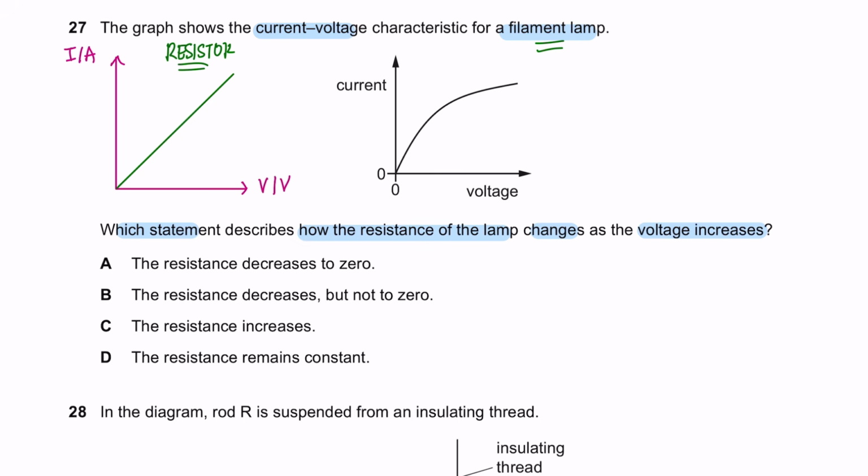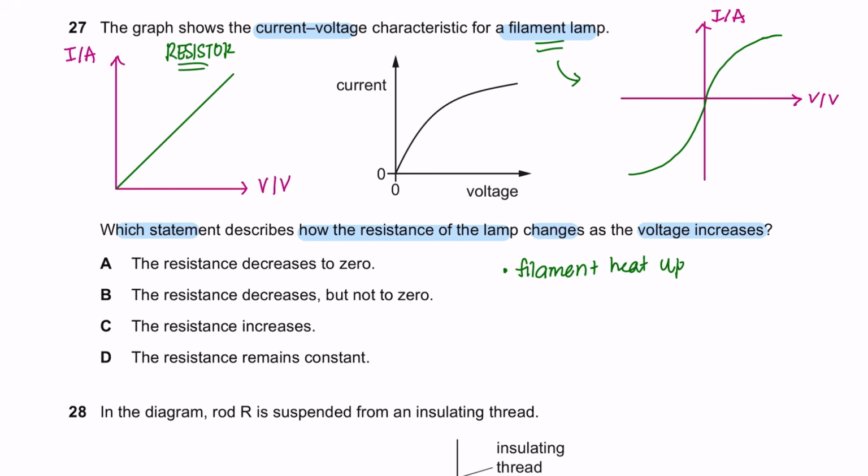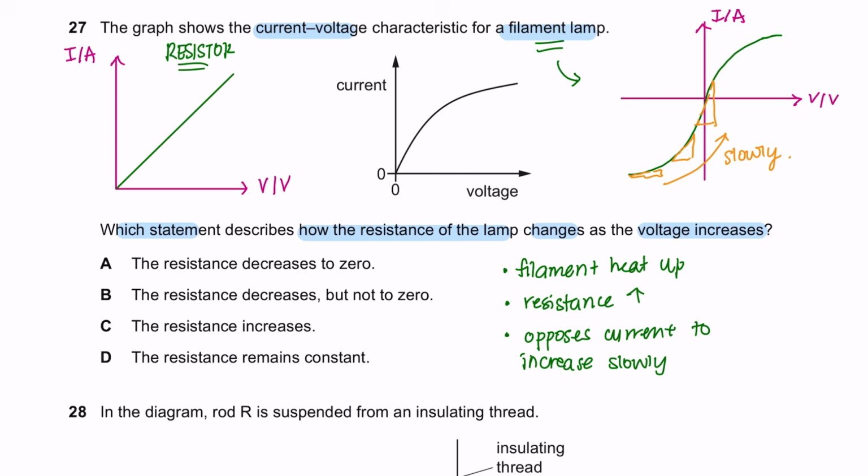However, for a filament lamp, the current increases at a proportionally slower rate than the potential difference. This is because the current causes the filament lamp to heat up, and as the filament lamp gets hot, its resistance increases. And this opposes the current, causing it to increase at a slower rate. So the statement that describes the resistance of this lamp is C.